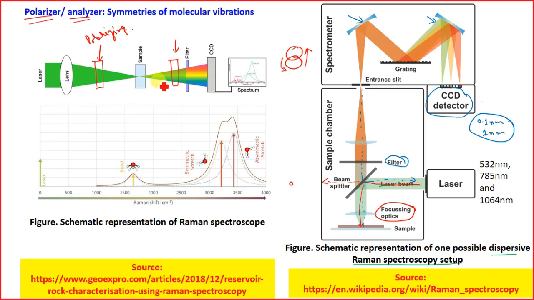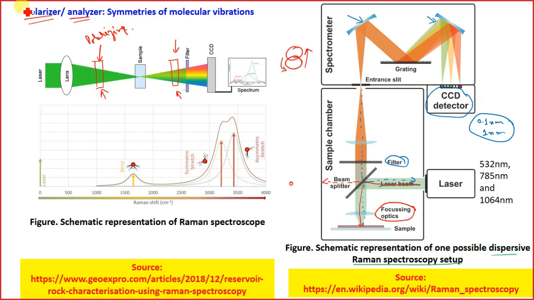So using this you may analyze some of the samples which may have some effect on the analysis. In this polarizing and analyzer setup, the first one in front, before the sample, is called the polarizer, and the next one is called the analyzer.